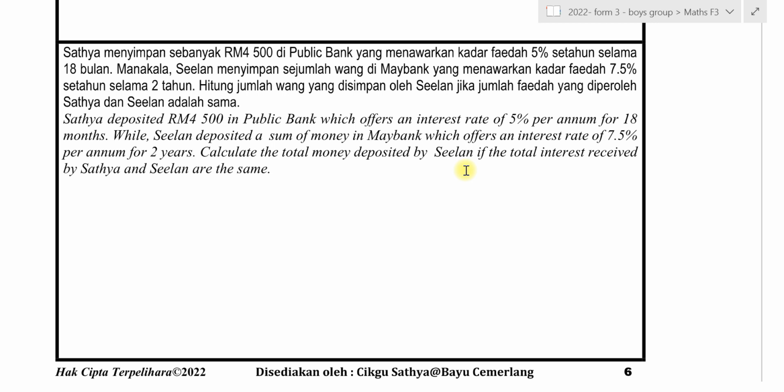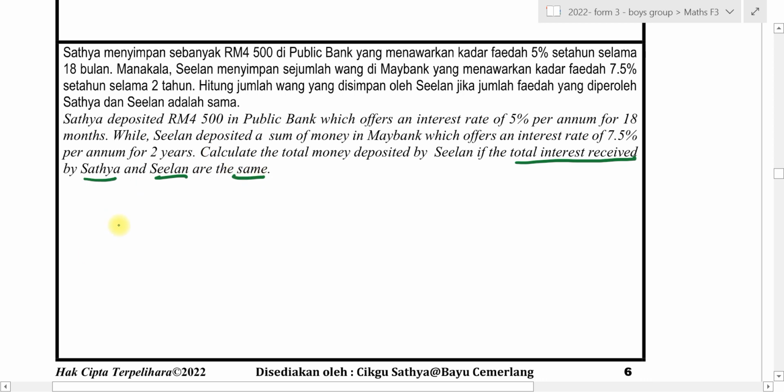In Public Bank, all the information is given: the amount invested, the interest rate, and the time. For Maybank, they only tell you how many years and what the interest rate is, but they never tell you how much he invested, correct or not? Now, calculate the total money deposited by Seelan. That's what they want to know.